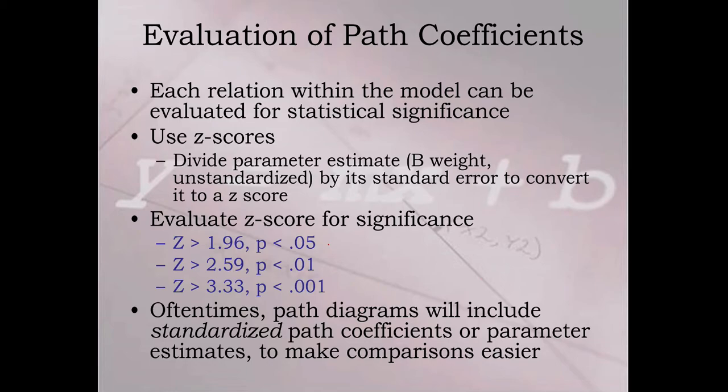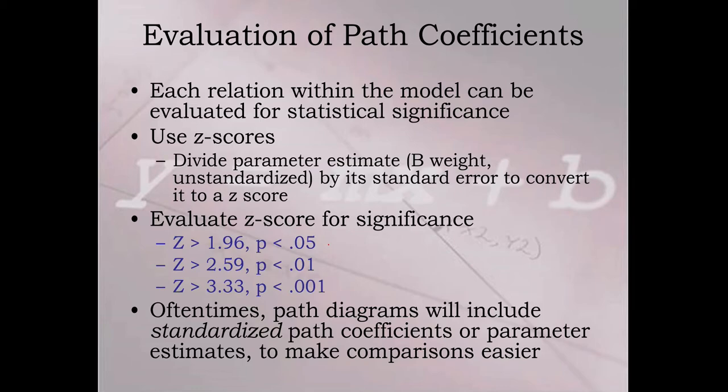Oftentimes, you're going to present your results not in a table, but in a picture, because again, it's easier for your reader to understand information that's conveyed in a picture. And a lot of times the path diagrams that are presented in manuscripts will include standardized path coefficients or parameter estimates in the diagram so that you can see it a little bit easier and you can compare things easier.